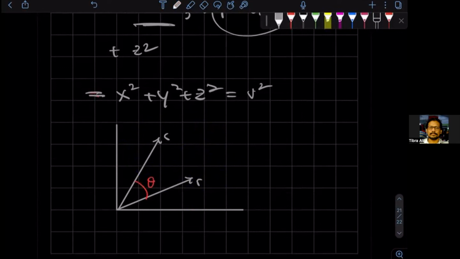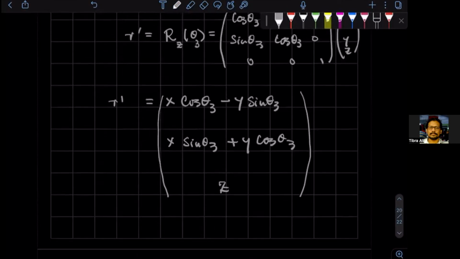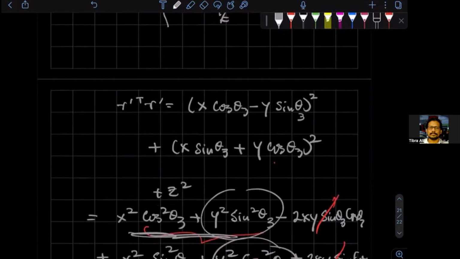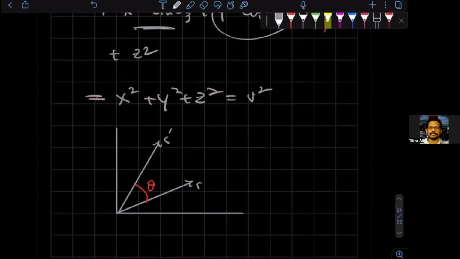This new vector is r prime. Now you can verify that if r is given by x, y, and z, then r prime is given by this, just by doing some elementary geometry.